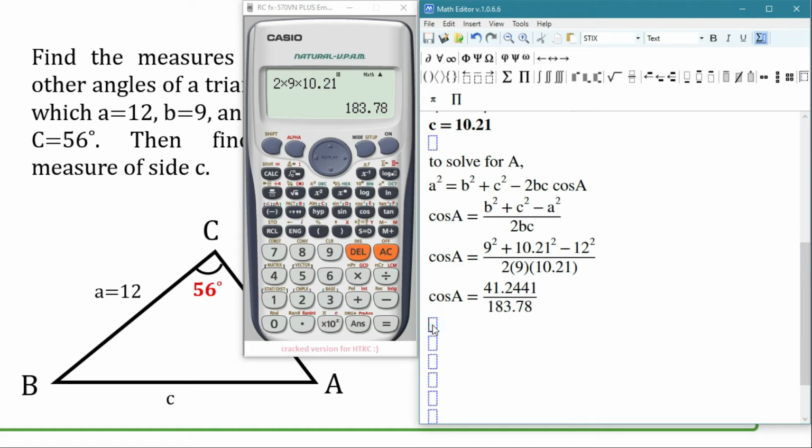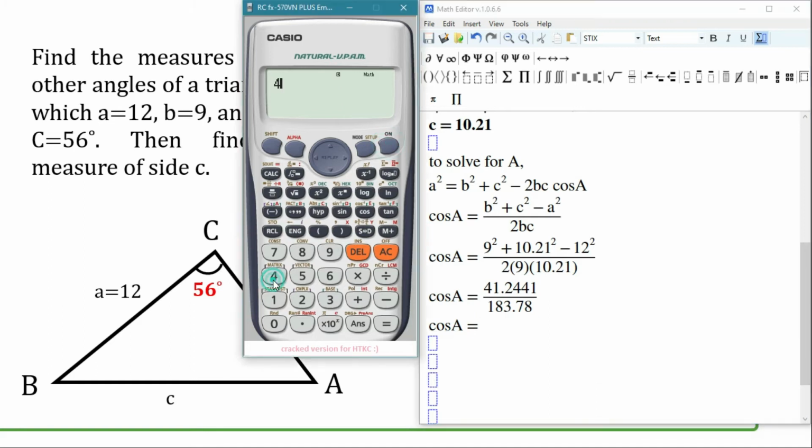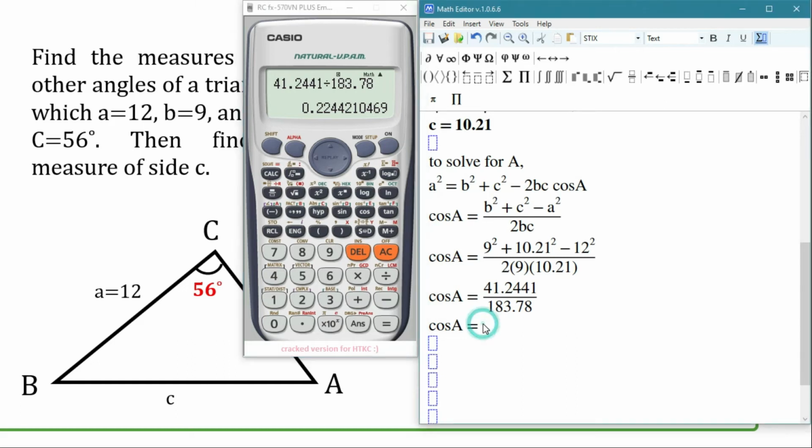So we have cosine of A equals 41.2441 divided by 183.78. So that's going to be 0.2244210469. So mas maganda, mas accurate kapag kompleto yung significant figures.